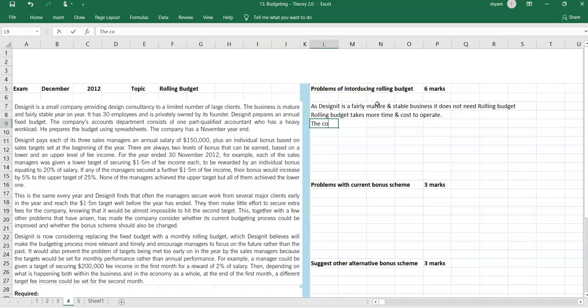The company has only one part qualified accountant with heavy workload, hence he could not operate rolling budget effectively. Okay, you can put it like that.